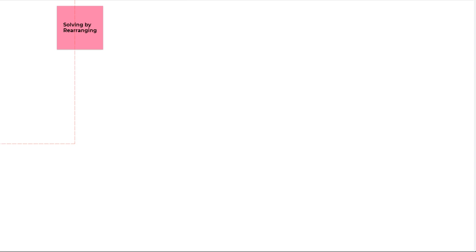The first method is called solving by rearranging. Let's say I have an equation in vertex form, one that looks like this. This part over here is written in vertex form. We know the quadratic equation in standard form looks like this.